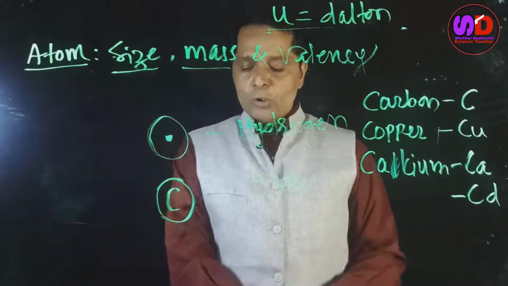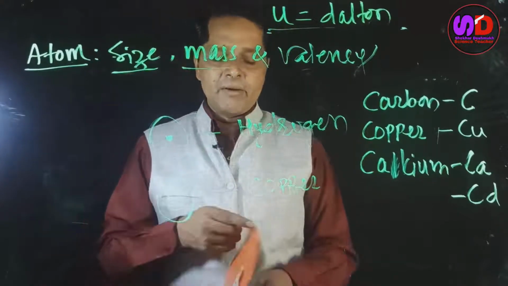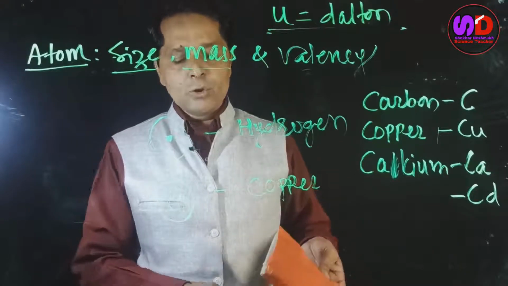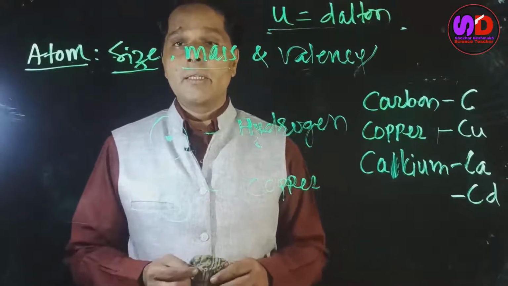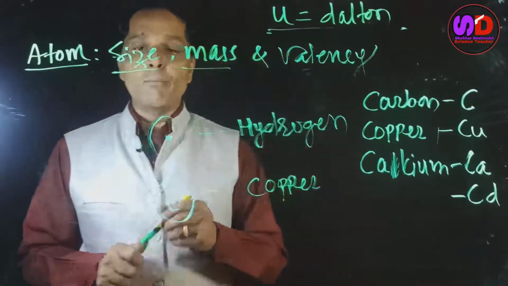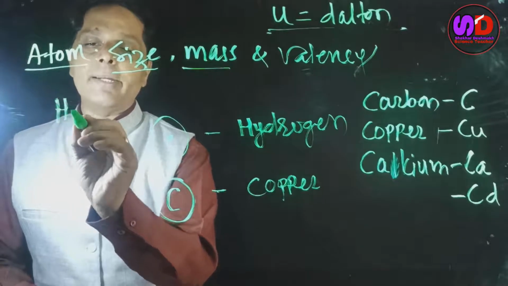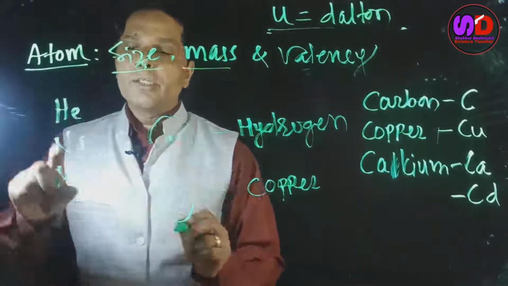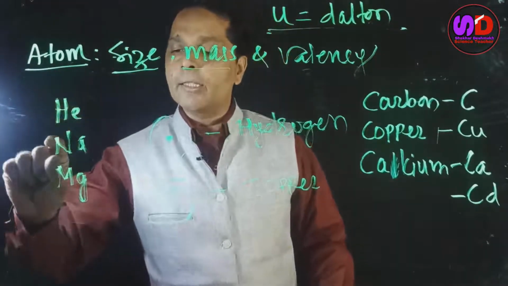Then molecules of elements and compounds. We know the molecule of an element. There are so many elements which are monoatomic, like sodium, helium. Monoatomic means their molecular form also has one atom. Sodium, magnesium, these are monoatomic elements, and therefore their molecules are also the same.